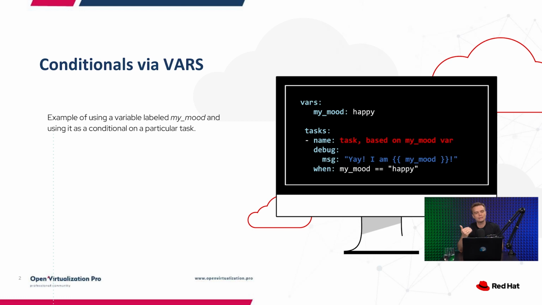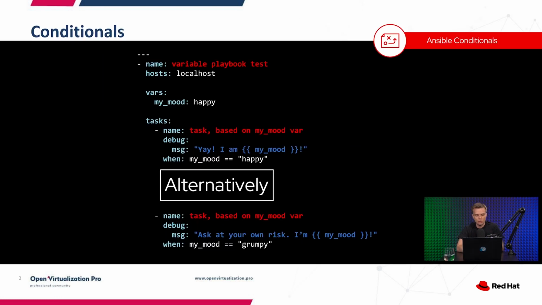Or I have this when statement including additional plays from other external files. That's actually a preferable approach in many cases because it is easier to read. So I have a simple example in here, but notice that here I have a sort of switch case example.